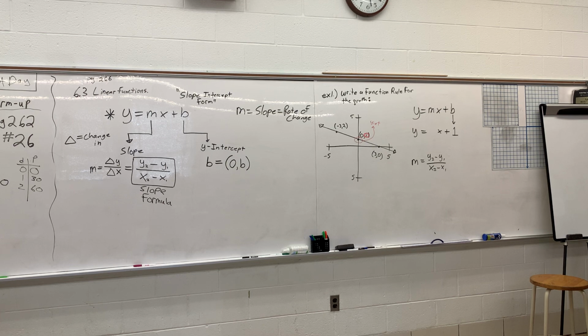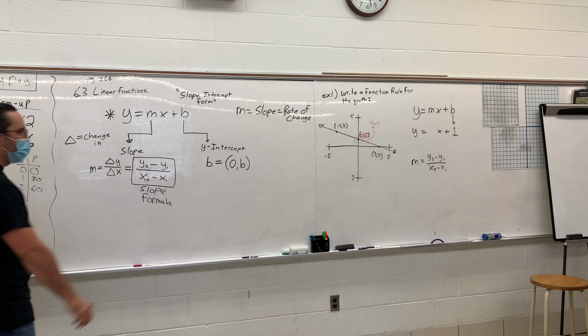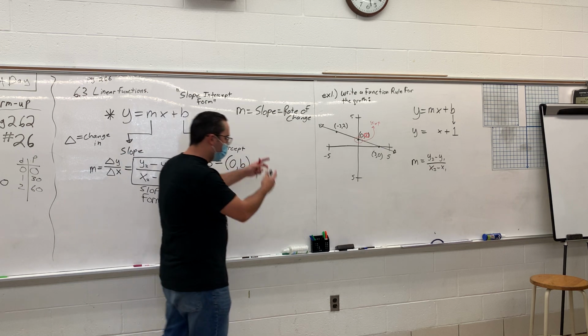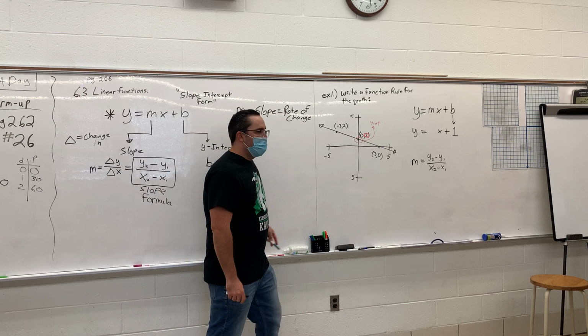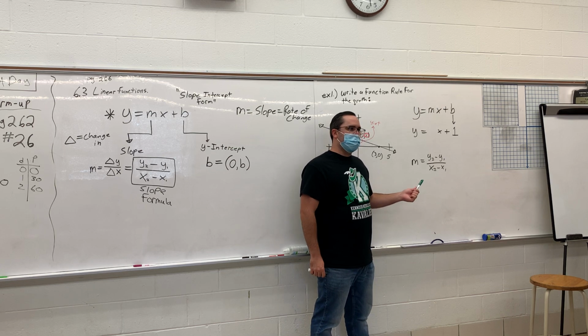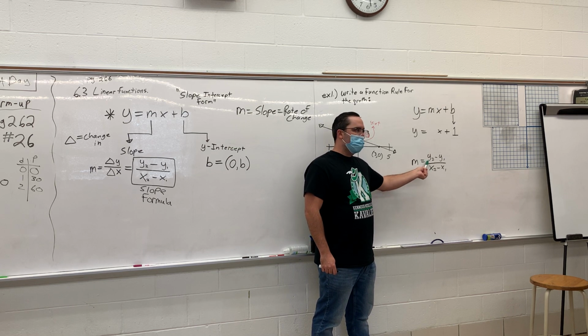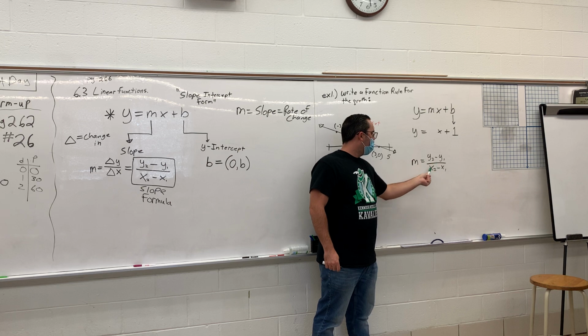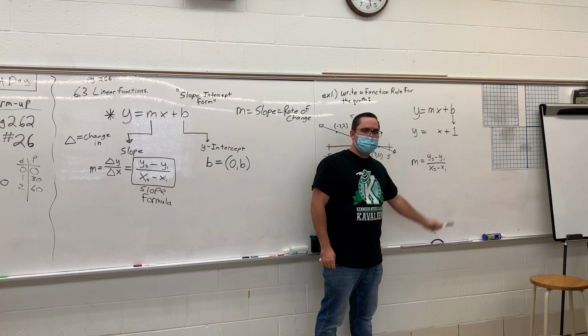Now we need some values to plug into that formula. So we need to identify values that we want to use in that formula. So what we're looking for is a y, an x, and an x.